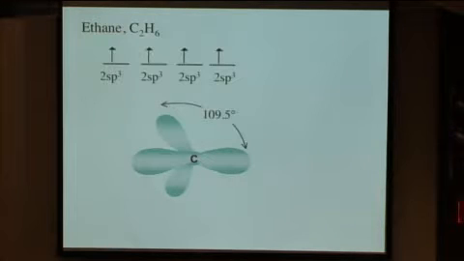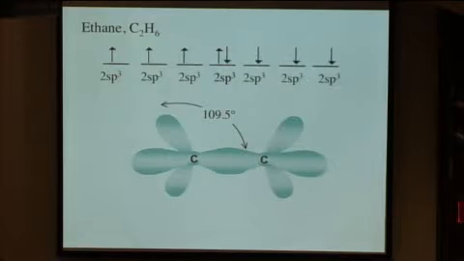So we still have an angle of 109.5 degrees, and again, we still have 4 unpaired electrons available for bonding. We can make one of those bonds with another sp3 hybridized carbon. So we're going to make up 1 pair here. If we think about that, that's a sigma bond, right?